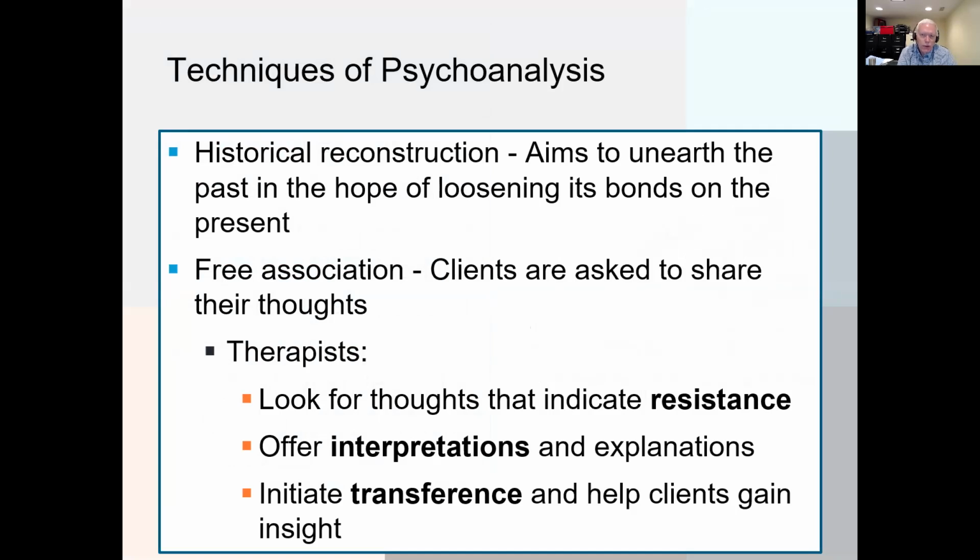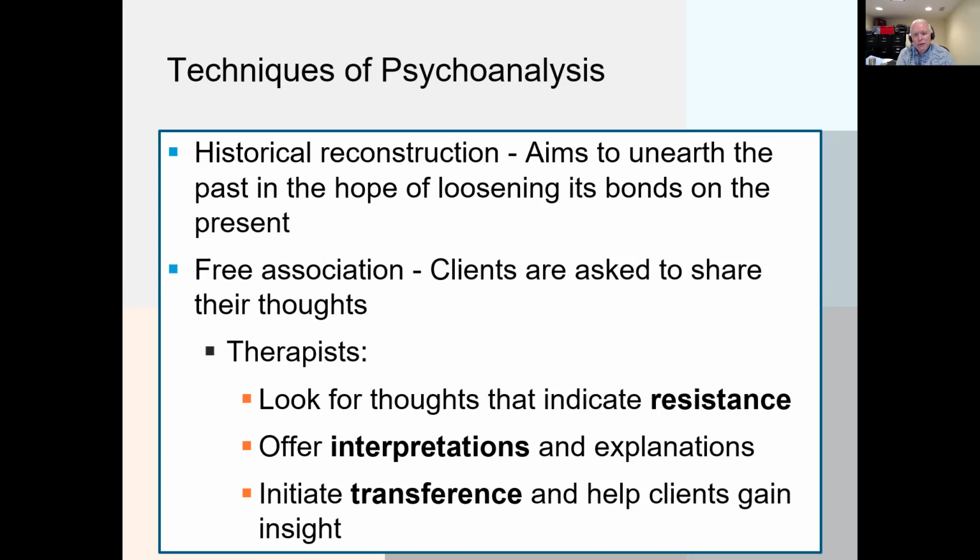One that he's well known for, that we mentioned earlier when we were talking about his personality theory, is free association, where he has the patient lie on a couch and just talk about whatever comes into their mind, and then helps the patient to gain an understanding of the connection between those things that are said during free association and what's going on in their unconscious mind.